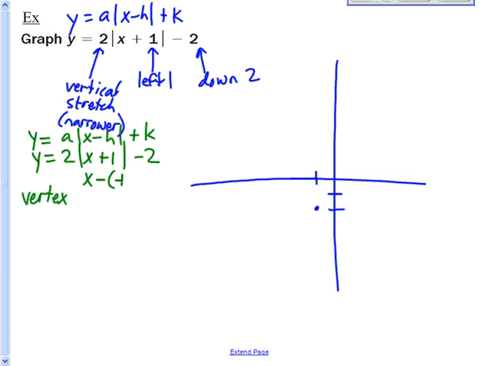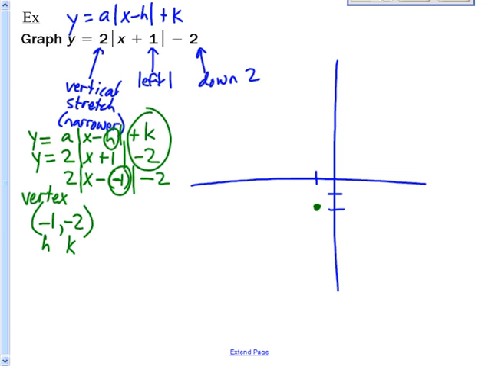So let me rewrite that as x minus negative 1, minus 2. Can you see how h is actually negative 1? It's left 1, and then your k, you see how that's going to be down 2? Your k is negative 2. So negative 1, negative 2, that's your vertex right there. And you can pull it out of the equation if you'd like as well. But I like to think about it in terms of the transformation.